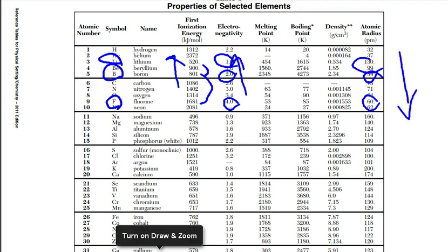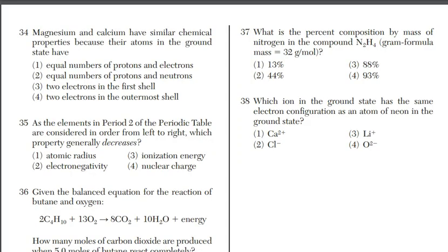So obviously that's decreasing, and that's our answer. So even if you think you know the answer with periodic trends, it never, ever hurts to go ahead and check it anyway. You have all the information in front of you. It's just a quick double check. So let's go back, and the answer to 35 was choice 1.